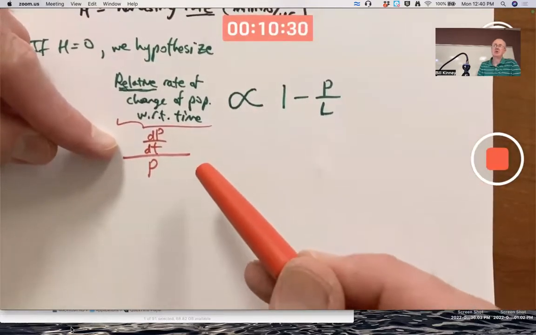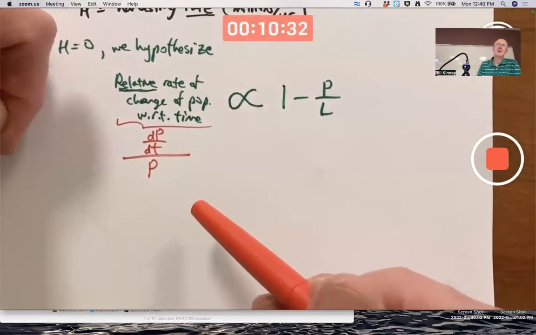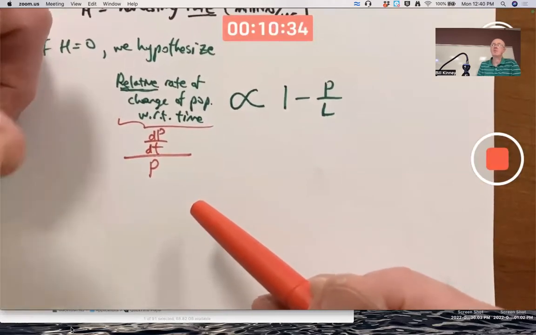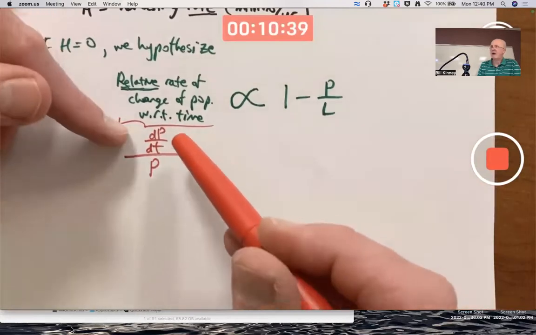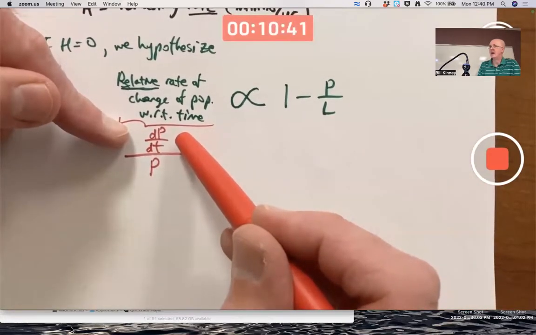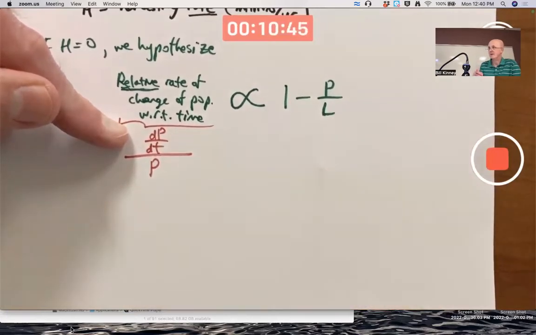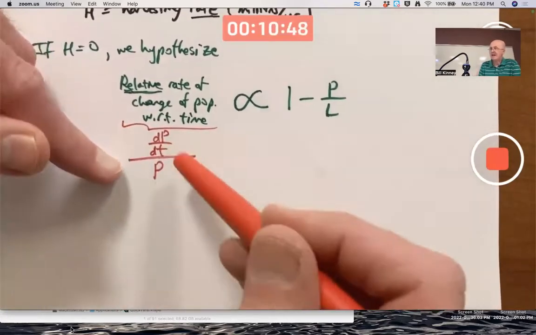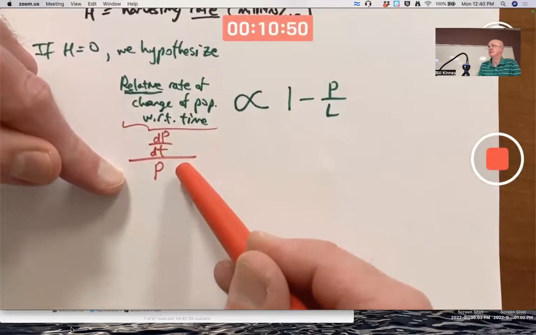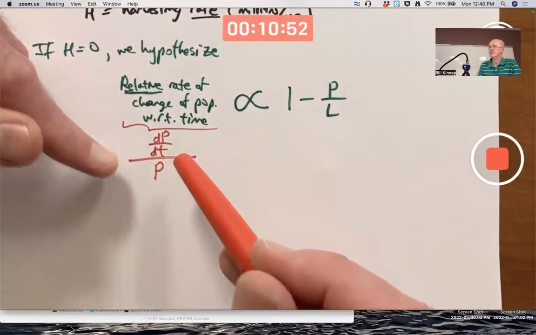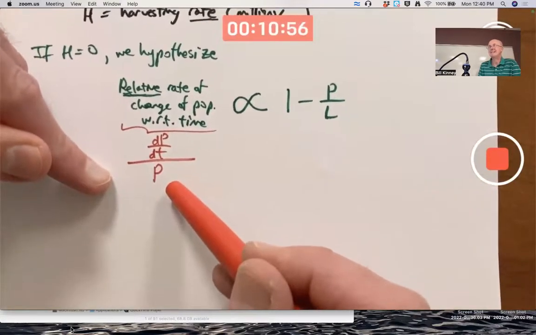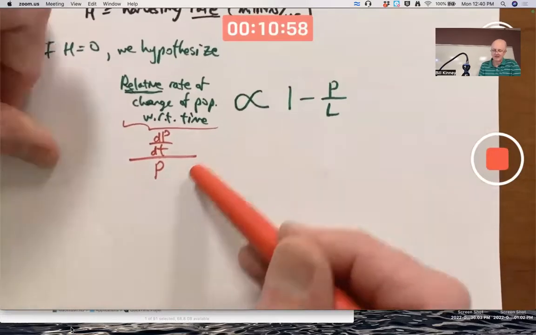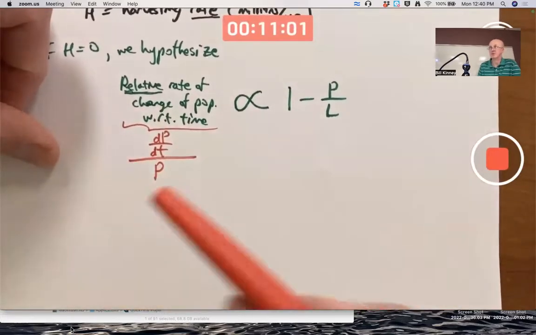If the population grew from 1 million to 1.1 million, its rate of change would be about 100,000 fish per year. But dividing that by 1 million would be a 10% growth rate. 100,000, well, 0.1 million divided by 1 million is 0.1, 10%. I'm trying to emphasize that this is a relative rate of growth. It's a percent rate of change.